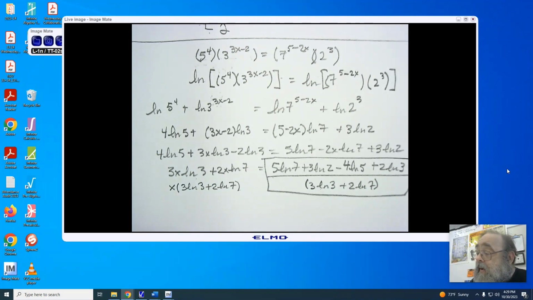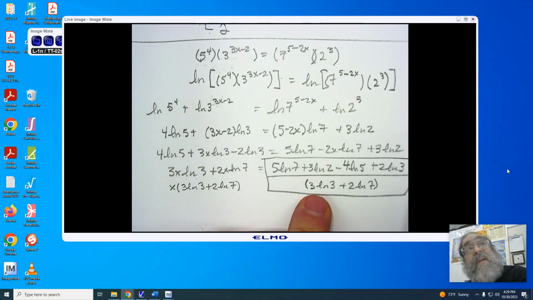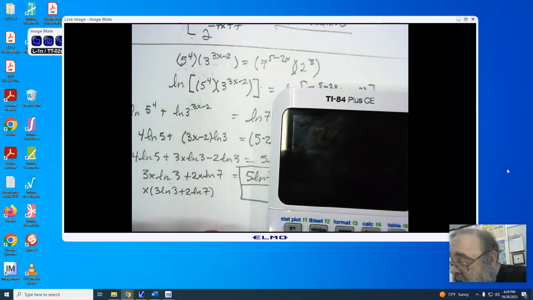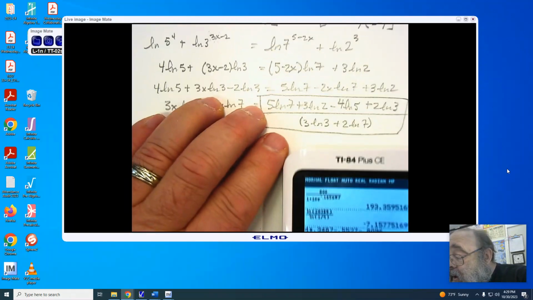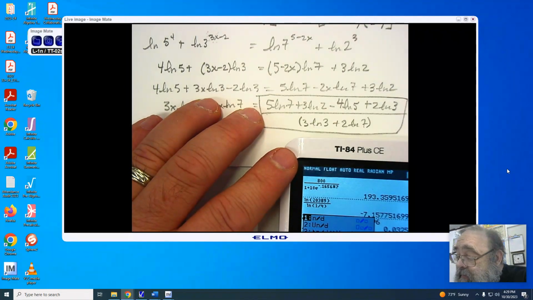Now, in order to figure out the decimal, we're going to plug this into our calculator. Here we go. So I will have a fraction.